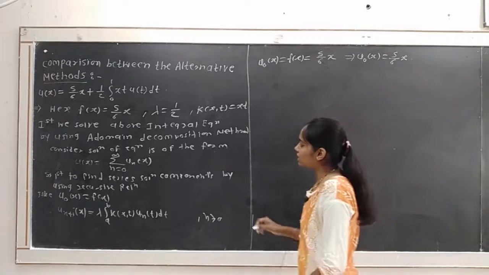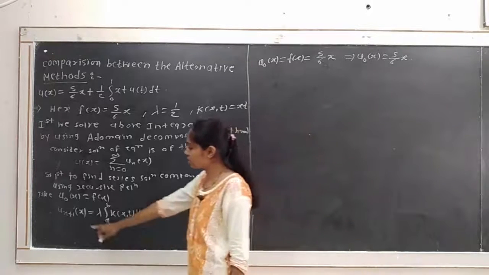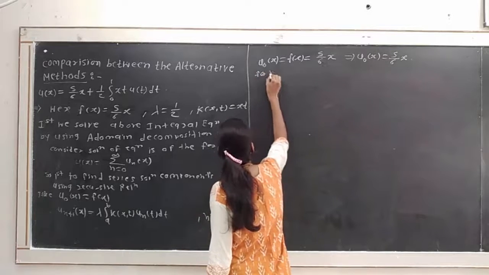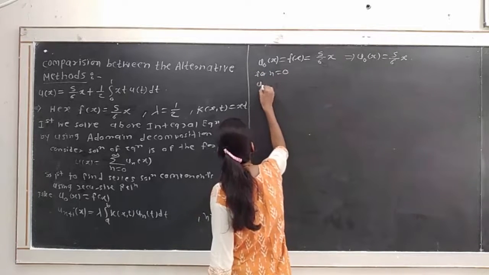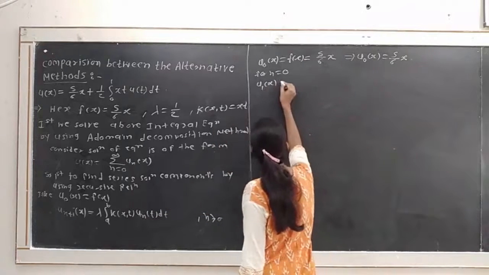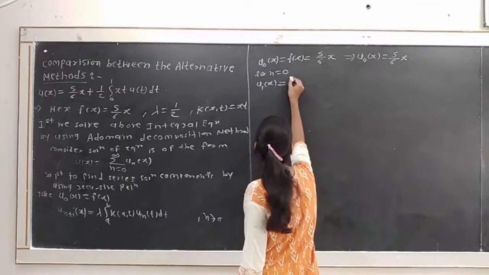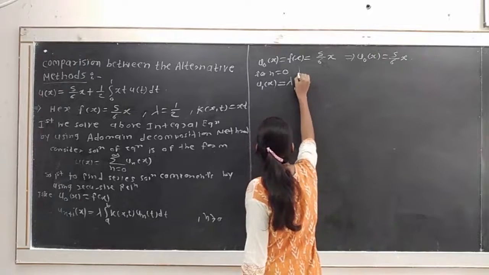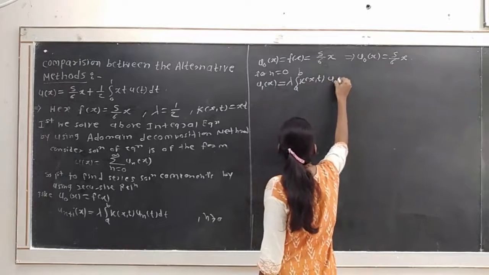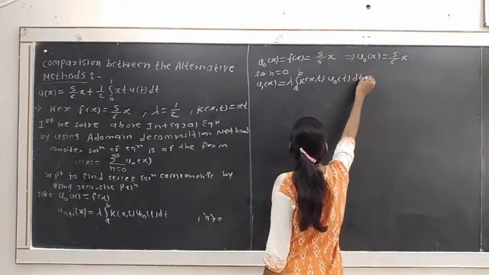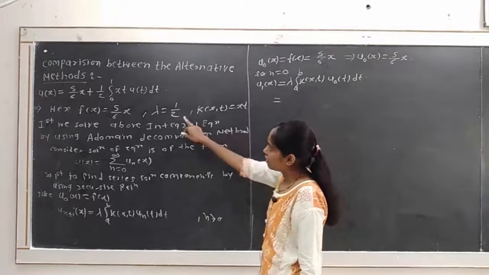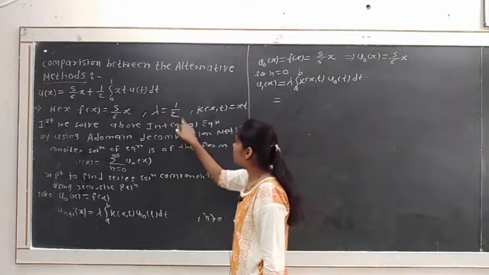Then to find the next series solution component, for n is equal to 0 we have to get u1 of x is equal to lambda integration from a to b k of x t into u0 of t dt. So we put here the values of lambda and kernel k of x t. Lambda for this integral equation will be 1 by 2.